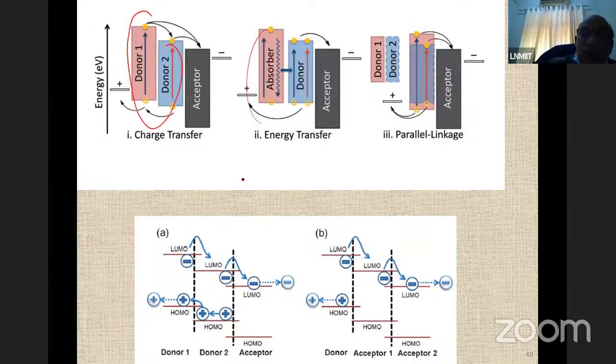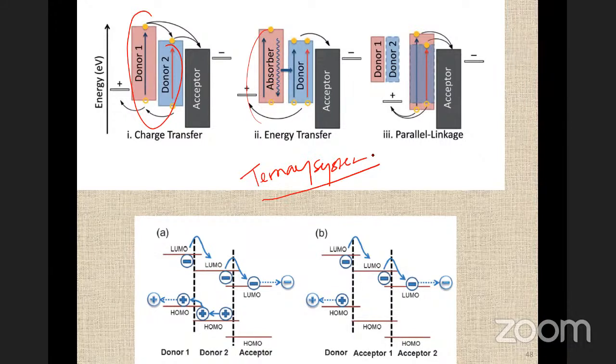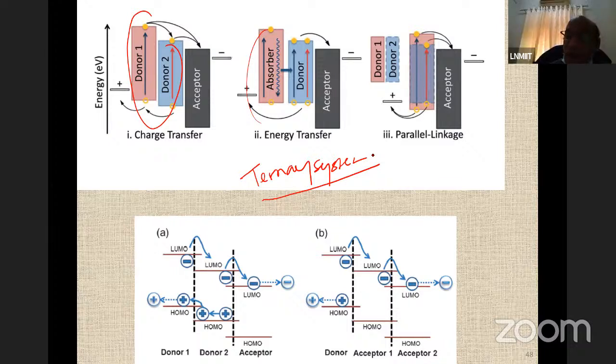This is called a ternary system. In the ternary system, we can use two donors and one acceptor with complementary absorption spectra, and we have to check whether their HOMO and LUMO energy levels are compatible or not. So this has to be taken into account.